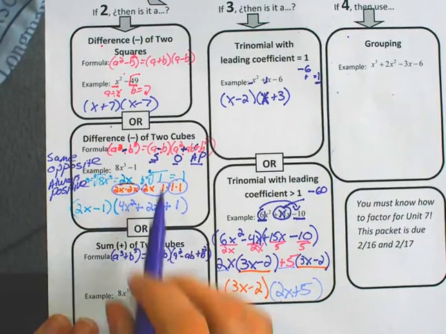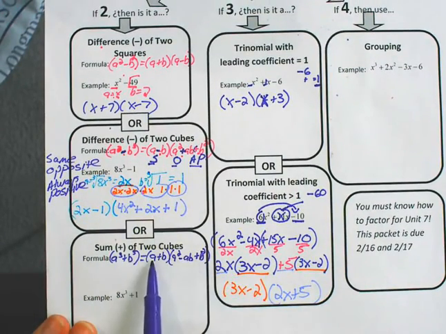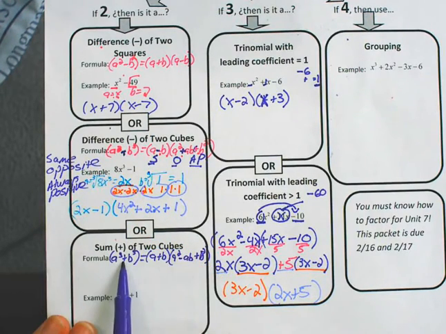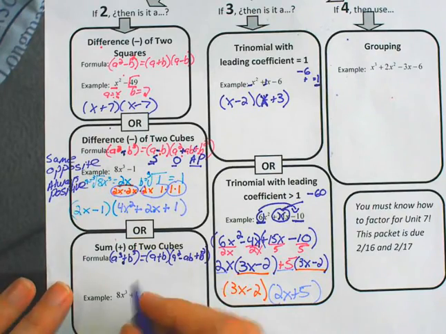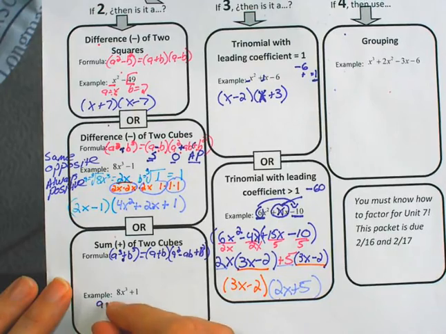So it's the same SOAP: same, opposite, always positive for the signs. It's just different because I started with negative up here, positive here. And then we still have our a plus b, a squared minus a times b plus b squared. Okay? All right. So now we need to know what our a and b is. A equals 2x.